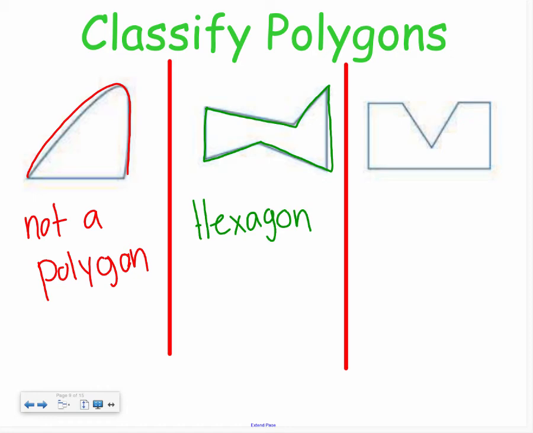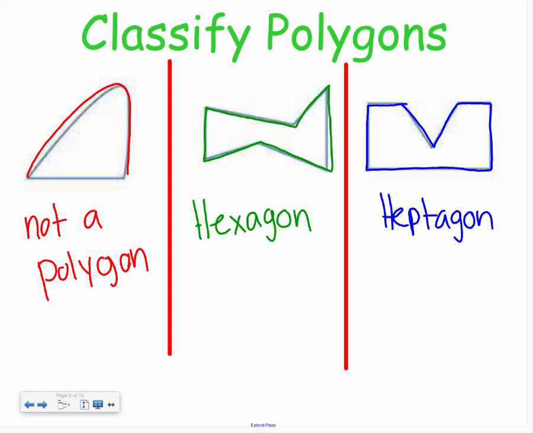And again with the last one, simple and closed, no gaps, no overlap, counting 1, 2, 3, 4, 5, 6, 7, giving us a heptagon. So even though these figures do not look like your typical hexagon and heptagon, you still count the sides and label based on the number of sides.